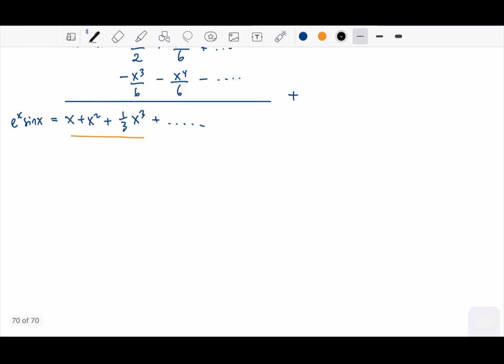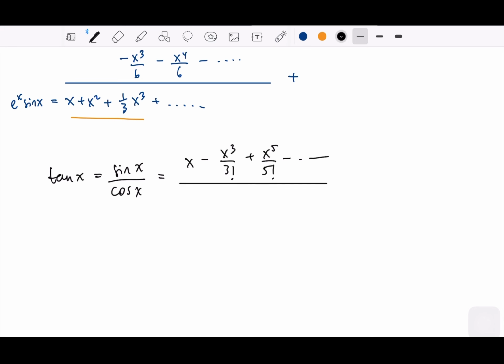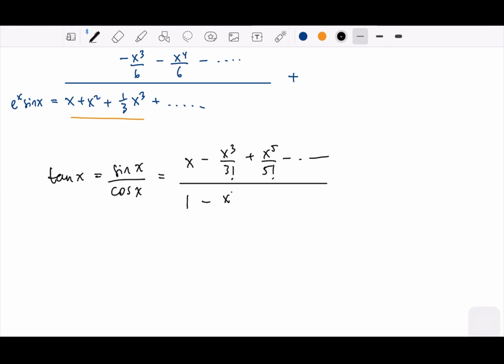So tangent, we are going to have sine over cosine. Since we only need the first three terms, we are just going to stop at the first three terms on sine and also on cosine.